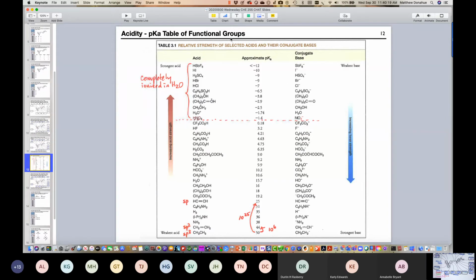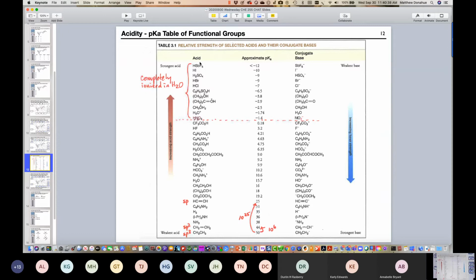Your book has a table like this, but it's not as detailed. But again, you have access to this PDF. Let me switch it over to the .chem as well. Again, this is posted in Canvas.